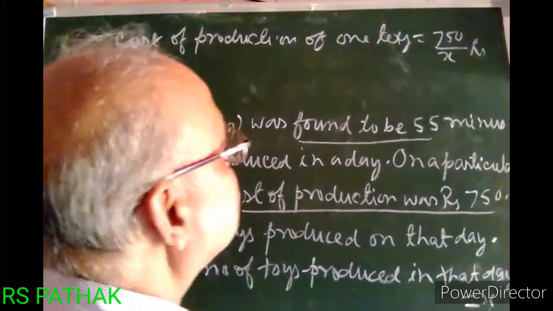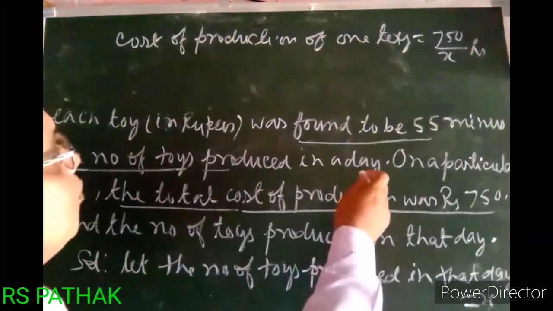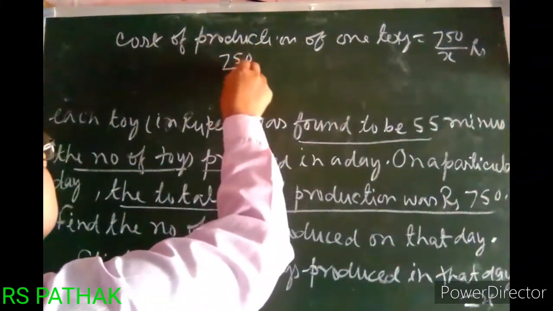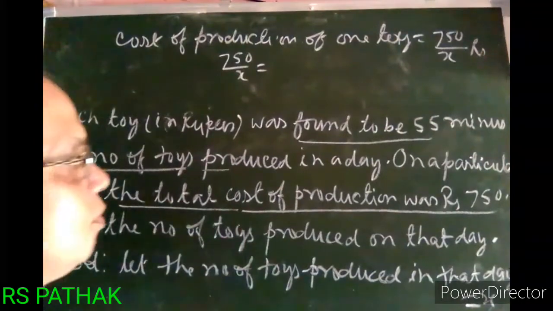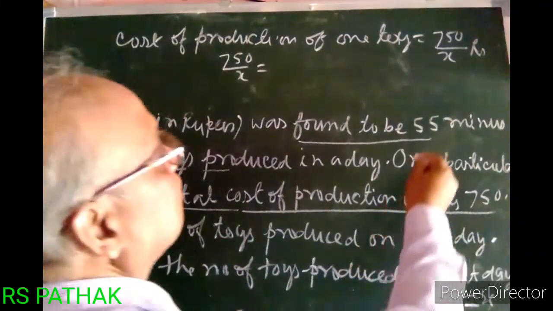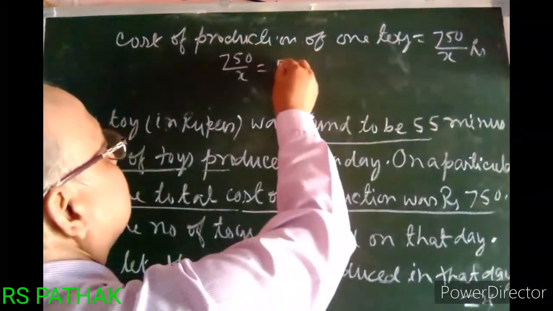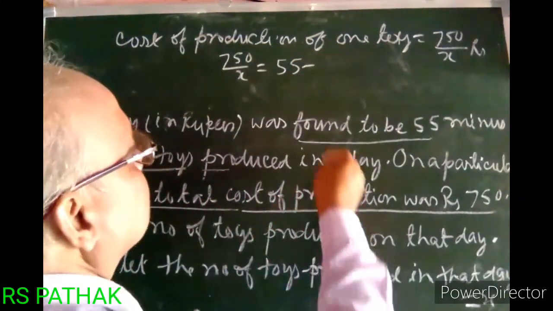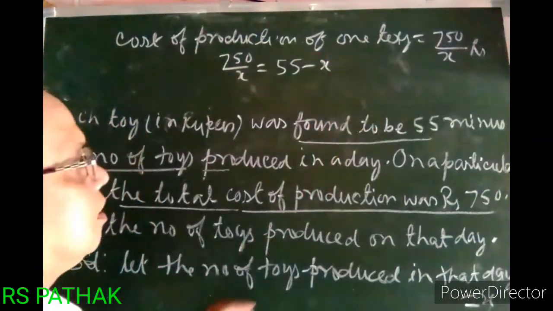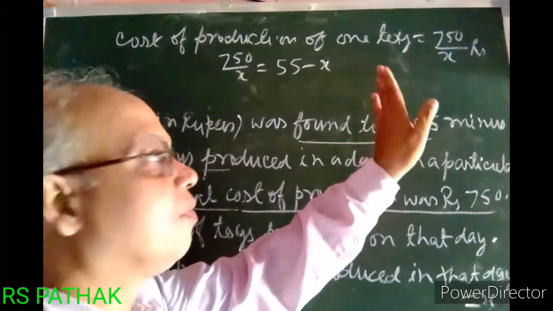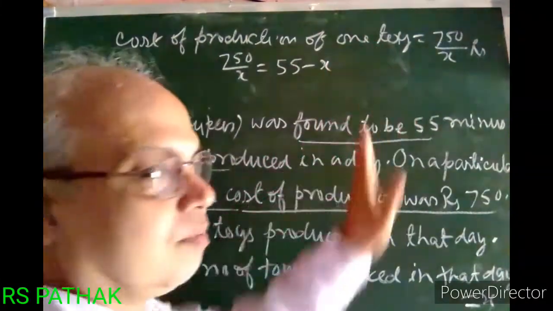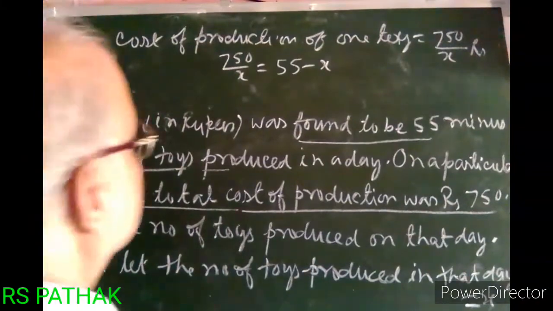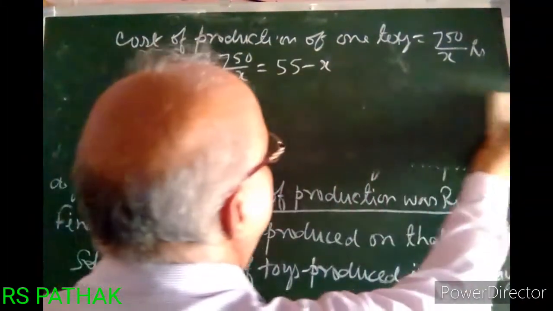Meaning that the cost of production of each toy, 750 upon x, is found to be 55 minus the number of toys produced in a day, where x is the number of toys produced in that day. The equation is formed. Now you have to solve this equation.